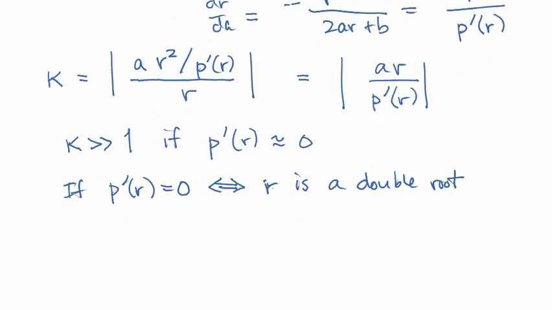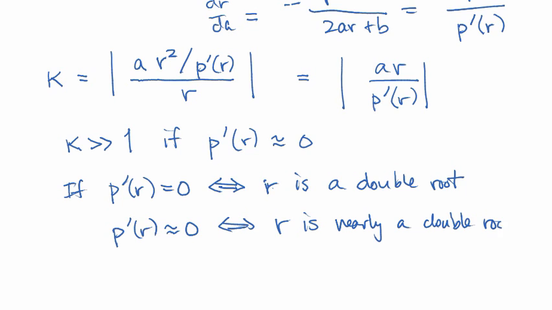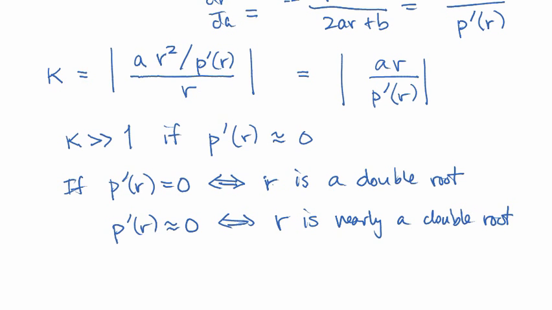So if p prime of r is close to 0, that's the same thing as saying that r is nearly a double root. So if you have a polynomial whose roots are close together, you might see a great deal of sensitivity, a great deal of amplification in the relative error in the roots of that polynomial.